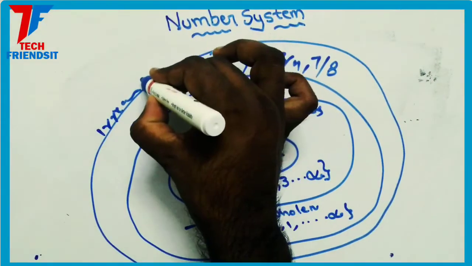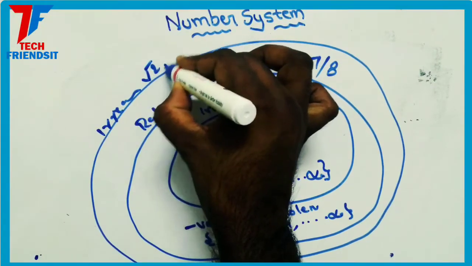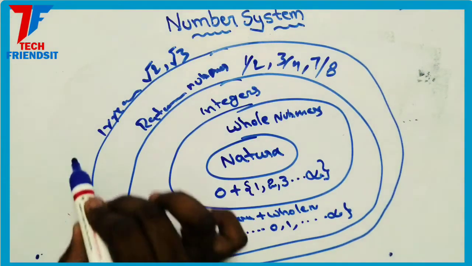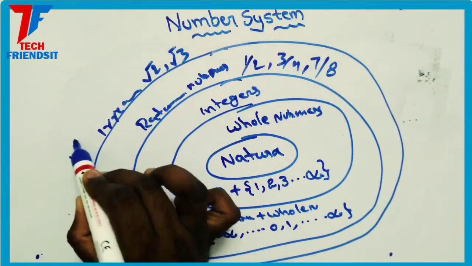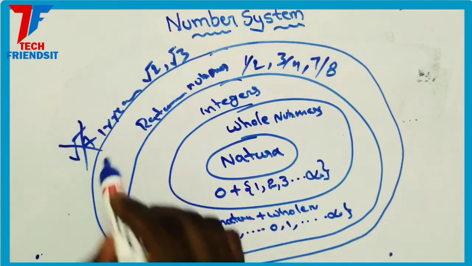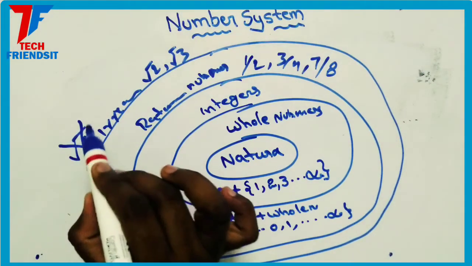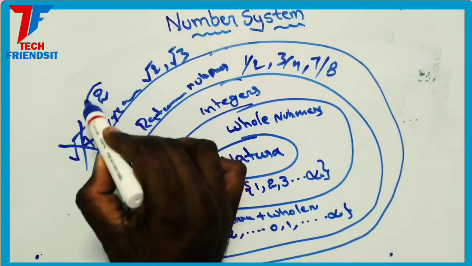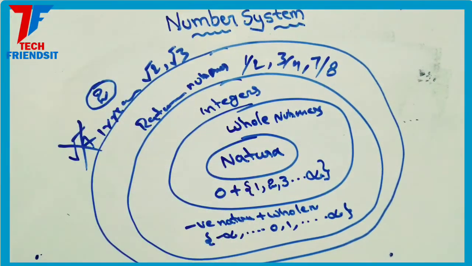Irrational numbers, for example root 2, root 3, something like this. Is root 4 an irrational number? No. Why? Root 4 means 2. 2 is a natural number, a whole number, and it comes under integers.